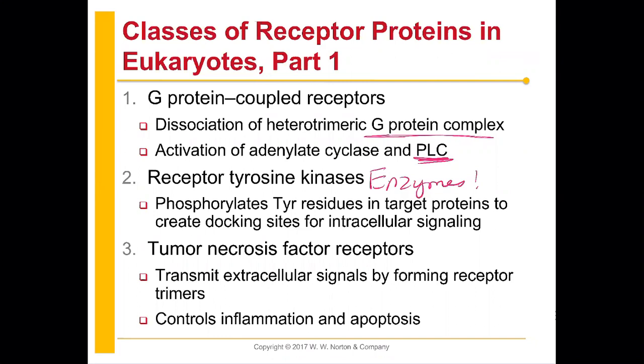You have tumor necrosis factor receptors. These transmit extracellular signals. The receptors themselves are kind of all by themselves, but once they bind to their ligands, they form trimers. So the receptors actually come together, and so you have 3 receptors that kind of bundle together, and these control inflammation and apoptosis, so programmed cell death.